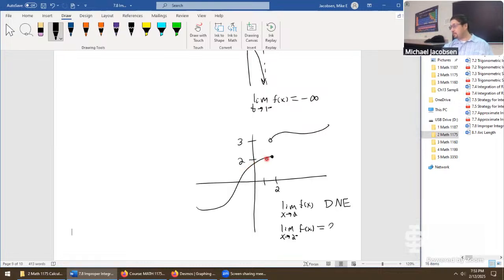And you could also say the limit as x approaches 2 from the right of f of x. That means you're up here coming lower and lower to a height of 3. But then the limit as x approaches 2 doesn't exist because there are two competing values in this case. That's what causes the does-not-exist on this one. Does that make sense with that sort of graph?